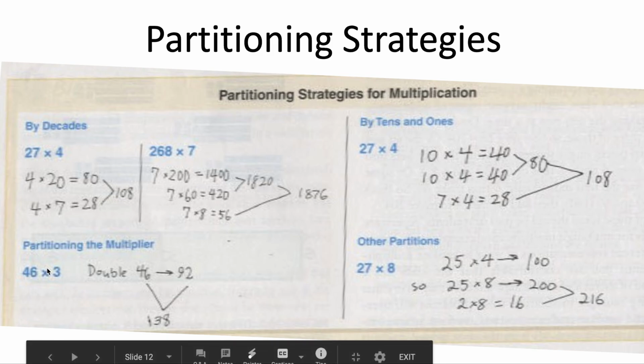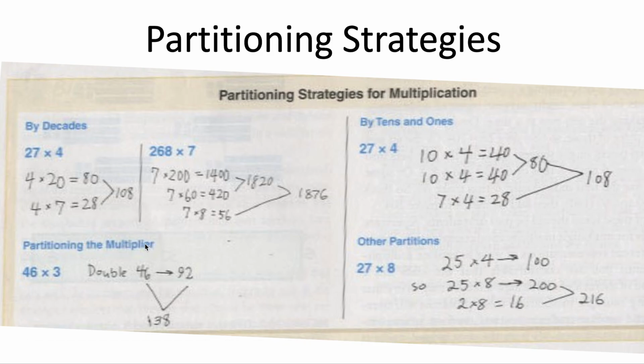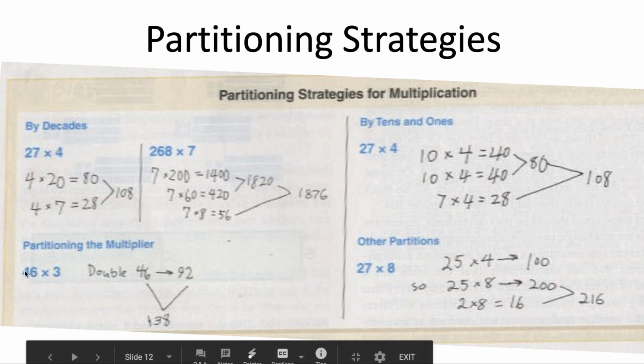So this student, this is really interesting. So instead of partitioning 46, the multiplicand, as 40 and 6, I'm sorry that I use the multiplicand, but because this textbook is from Van de Walle, saying multiplier, I'm using multiplicand, but we prefer to use factor and factor.